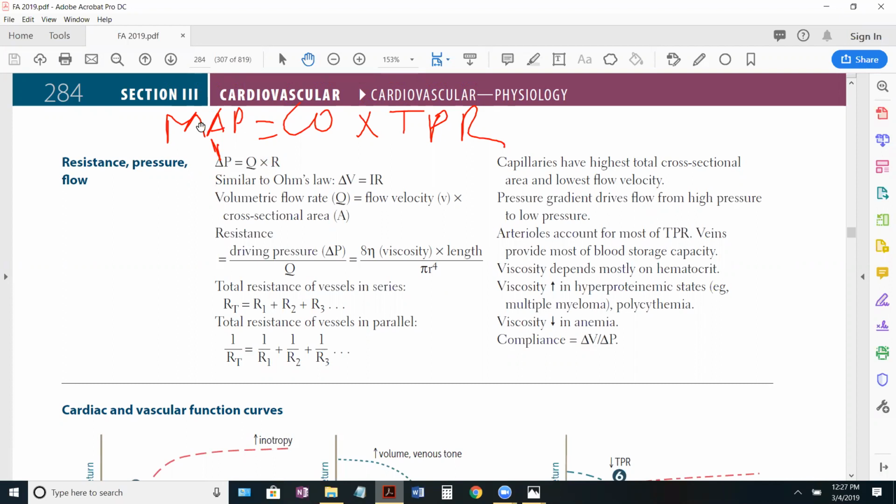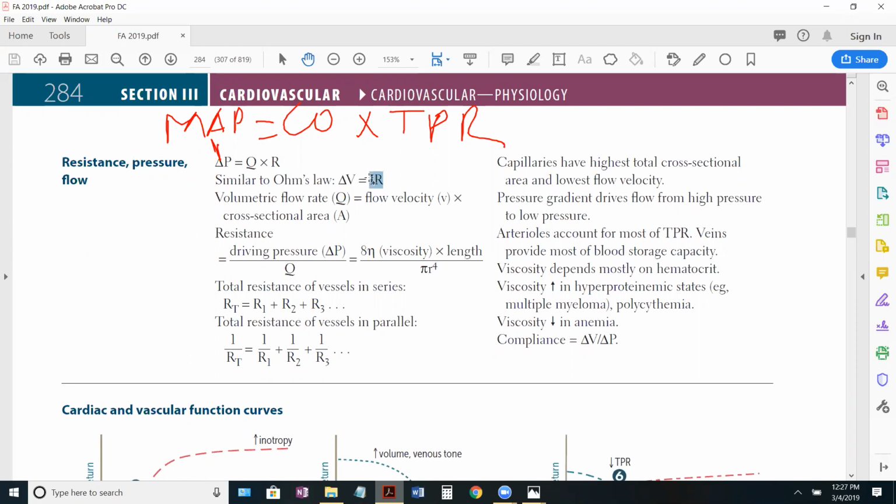Like the mean arterial pressure means the delta P, the Q is the flow, and that is the cardiac output, and resistance is the TPR in our blood circulation. So according to Ohm's law, we saw that the delta V is directly proportional. Oh, it's the same thing. If you apply it in the electronics world, Ohm's equation is also providing you the same concept.